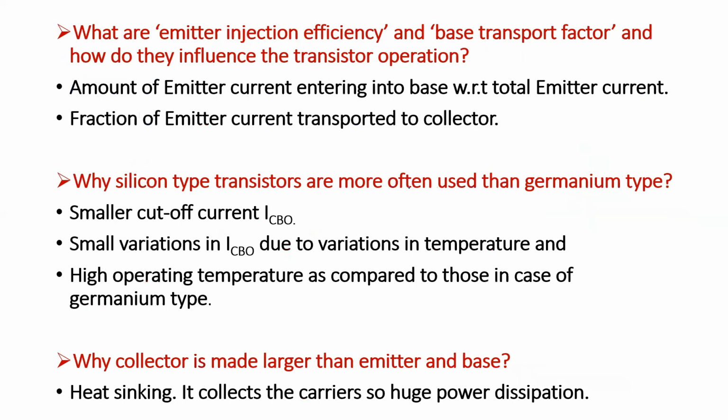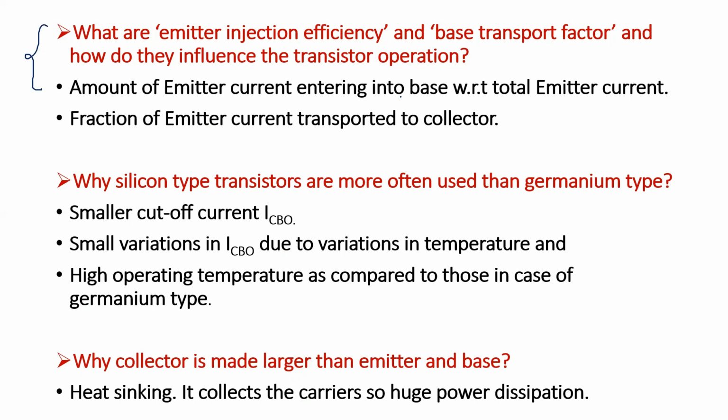The next thing is the emitter injection efficiency and base transfer factor as two important terms. You can read it from here or you can Google it. But I have mentioned here that we have the emitter current. Some part of the emitter current is recombined in the base, which is undesired. Basically, the emitter current has two components. One is a large component, and the other is a small component.